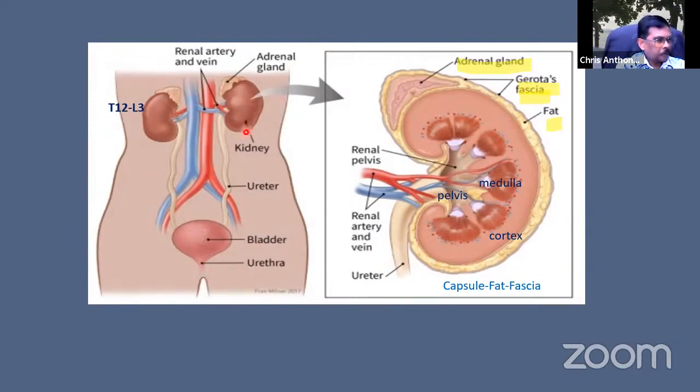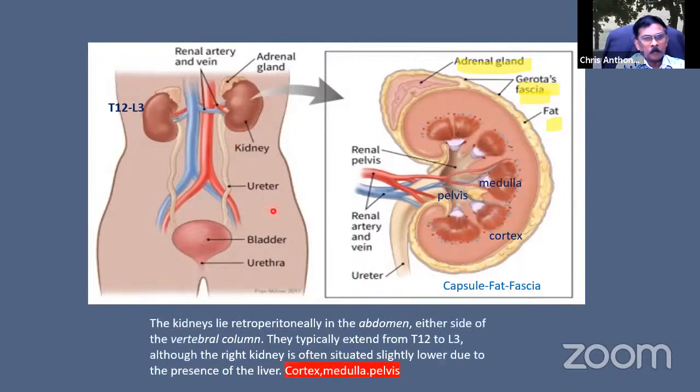It is a retroperitoneal organ on either side of the vertebral column, where the main arteries of the abdomen traverse. It typically extends from T12 to L3. The upper end is at the level of the T12 vertebra, and the lower end is around the L3 vertebra. The renal pelvis, which is in the middle of the kidney, is around the L1 vertebra.